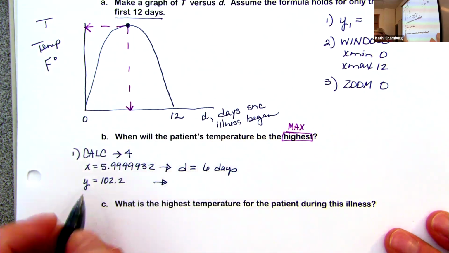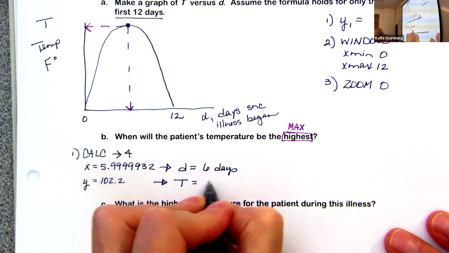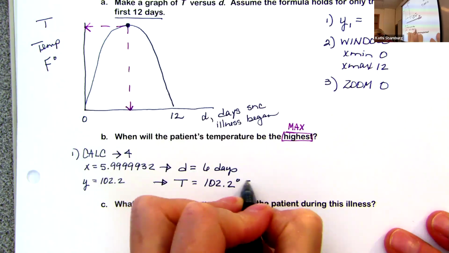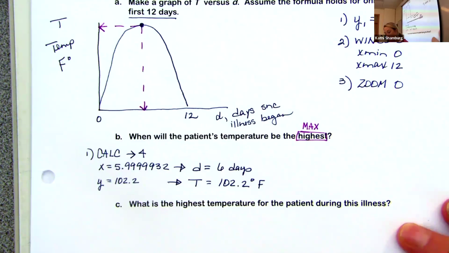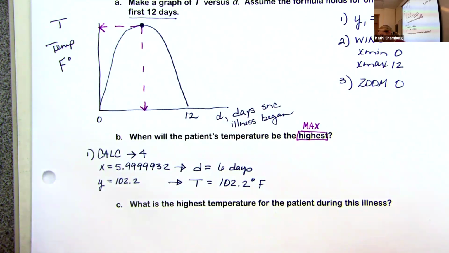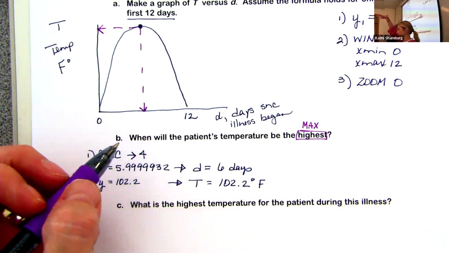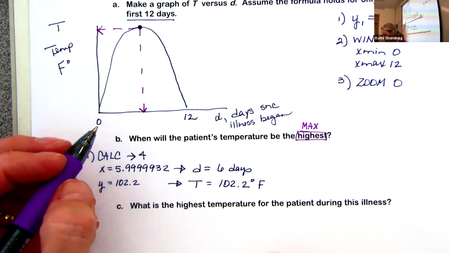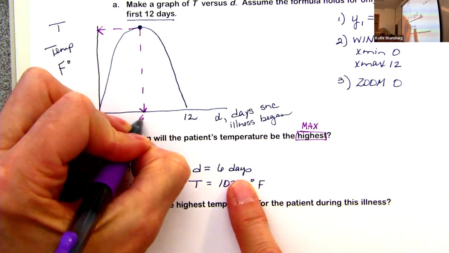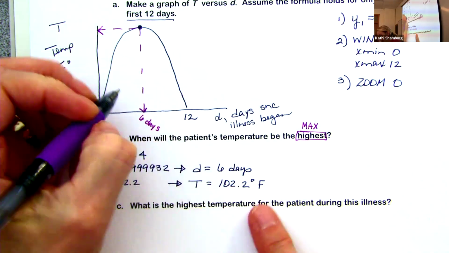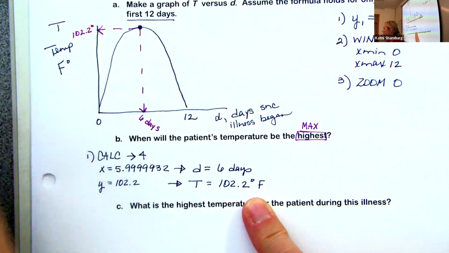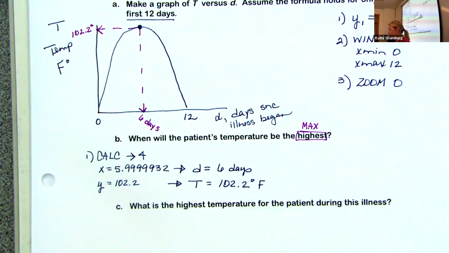And then instead of y, this is T, which is 102.2 degrees Fahrenheit. Okay, so here's what we found. We have found that the peak of the patient's temperature is at 6 days, and it peaked out at 102.2 degrees.